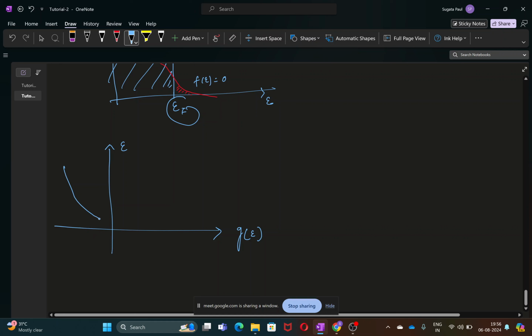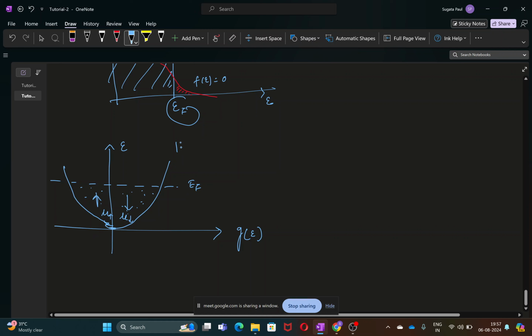This will be a parabola like this, and this is your Fermi level EF. This is your spin up band and this is your spin down band, with moments mu up and mu down, and up to the Fermi level all the states are occupied with electrons.